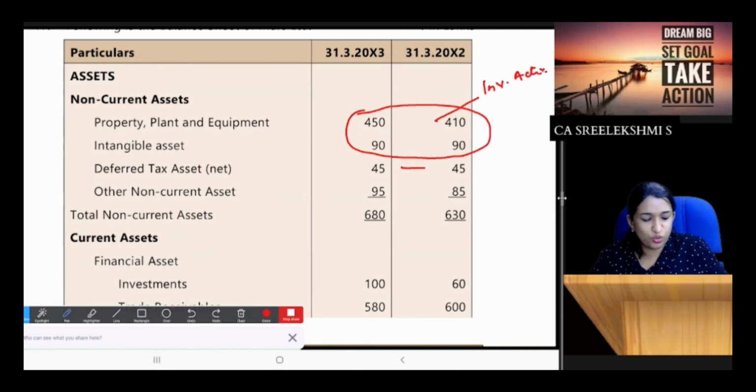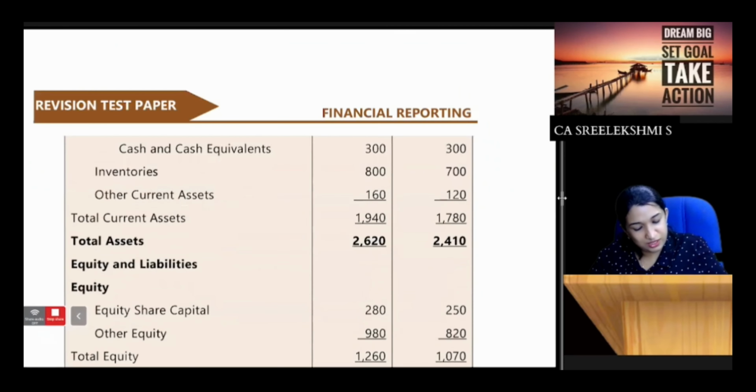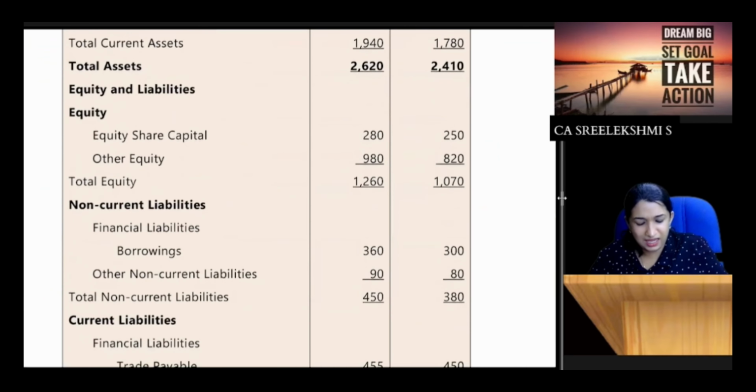Deferred tax asset, there is no change, so no impact, but it is non-cash. Other non-current assets are expected to be operating activity related. Financial asset investments, trade receivables. Okay, let's see, a balance sheet is given.